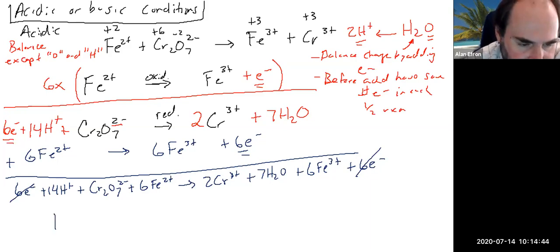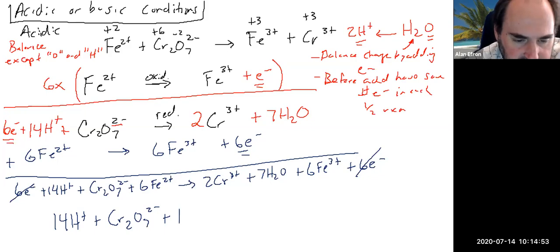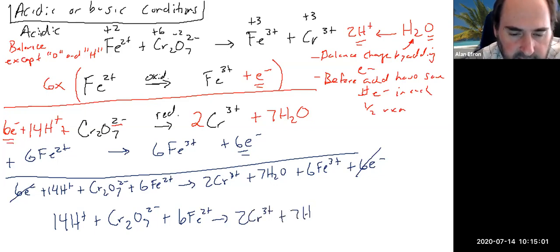So we should have 14 H+ plus Cr2O7 2- plus 6 Fe2+ goes to 2 Cr3+ plus 7 waters and 6 of these Fe3+.